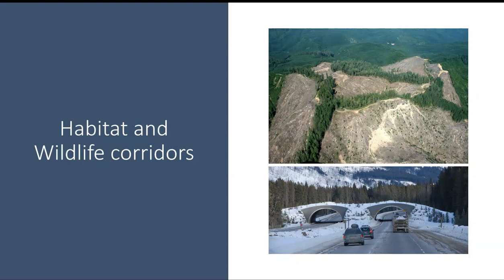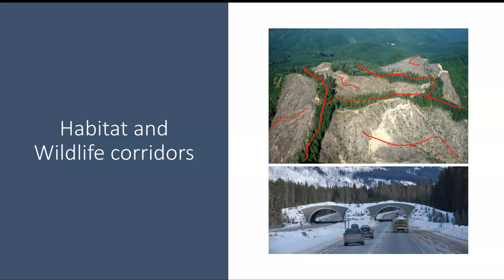Now, in the case of clear-cutting, you'll see that there are these corridors of trees left intact, which connect the different parts of the forest that would have been fragmented by a clear cut. So those species that don't navigate through these clear cut areas very well still have pathways to migrate to different parts of the forest, etc.